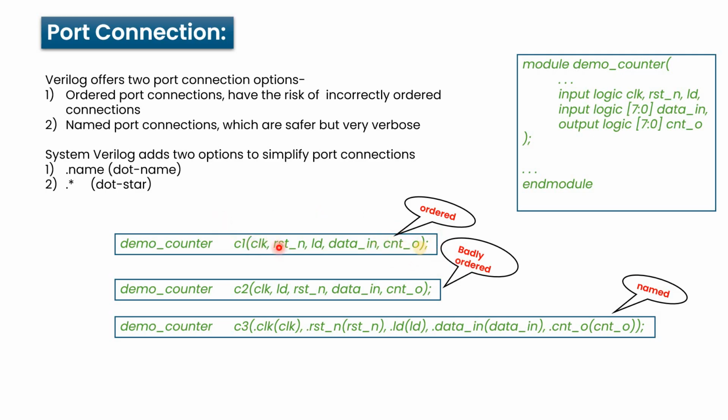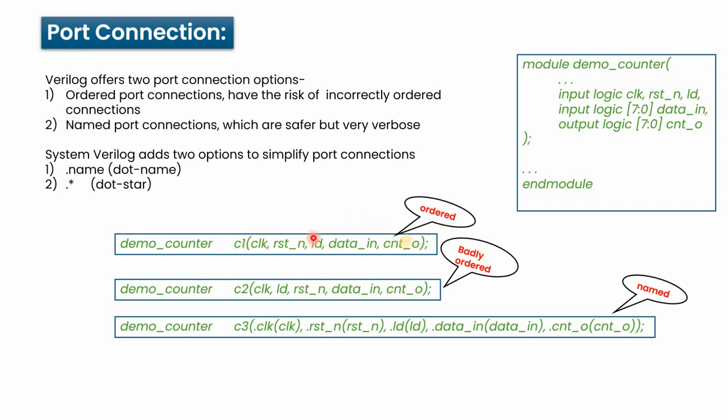So the first approach here is ordered. The first port in this demo_counter is clock, so we have to connect the clock to the first. The second one is reset. The third one is load. The fourth one is data, and the fifth one is count. If we change the order, then the functionality will completely be different, and there would be a lot of compilation errors, right?